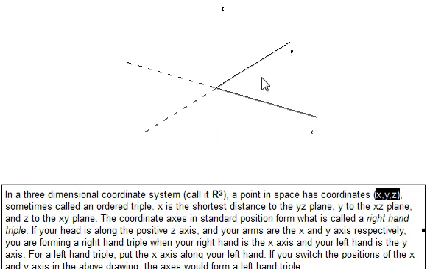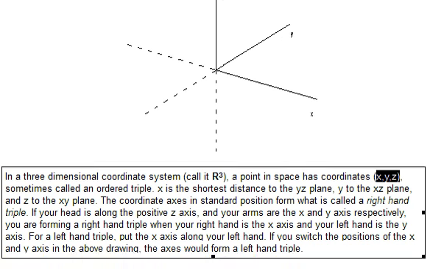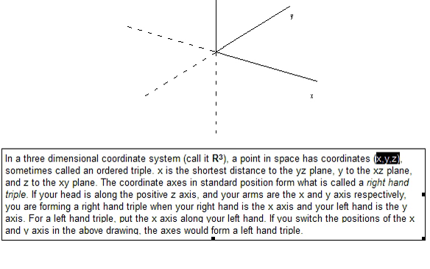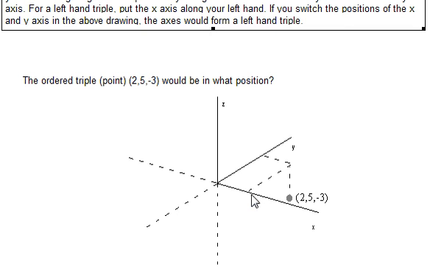So I'm out here 2, out this way 5, and then Z was negative 3, so I drop down 1, 2, 3 units. I think I have that pictured in this drawing right here. See, 2 units of X, 5 units of Y, negative 3 units of Z, and that would be the point and the position of that ordered triple.